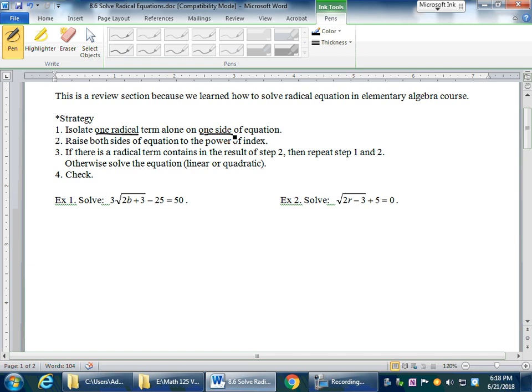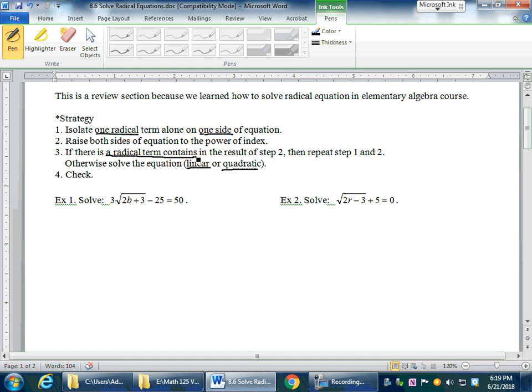After we do that and simplify, we may end up solving either a linear or quadratic case. If after we do step 1 and step 2 there is still a radical term in the resulting equation, then we may need to repeat step 1 and step 2 to completely get rid of the radical in the equation.